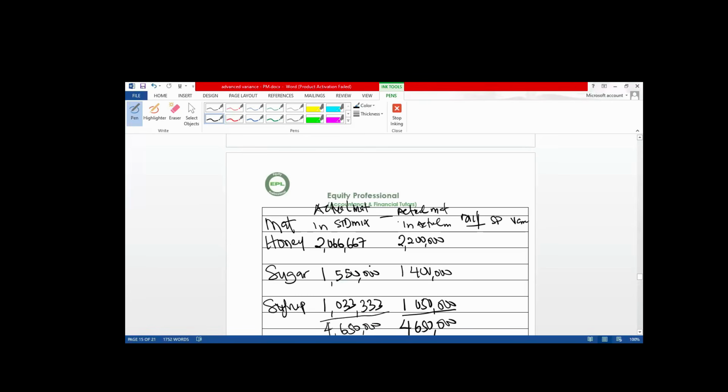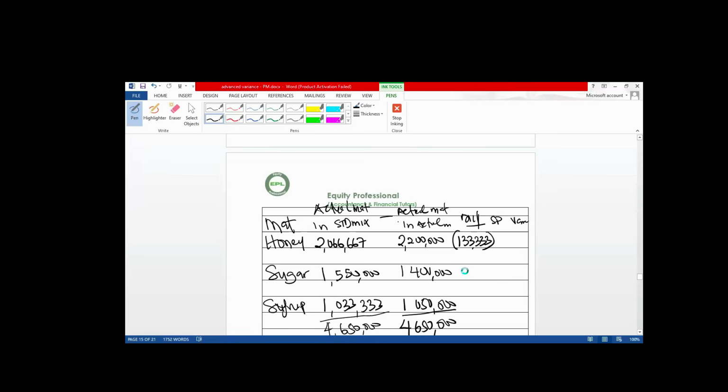The difference now. 2,000,000 minus 2,066,667. Here I have negative 133,333. Next, 1,550,000 minus 1,400,000.